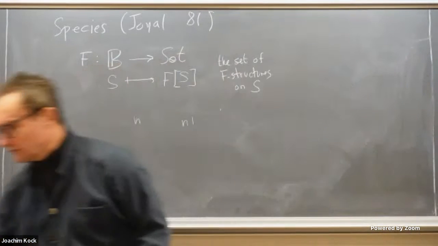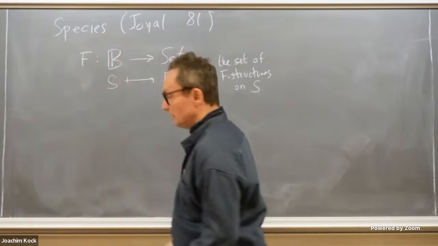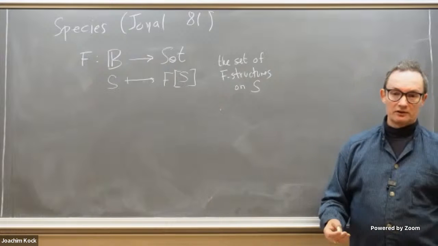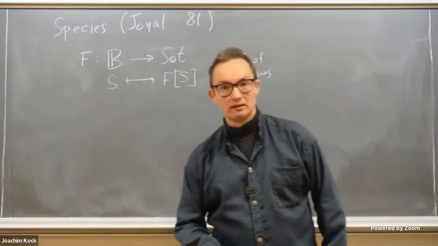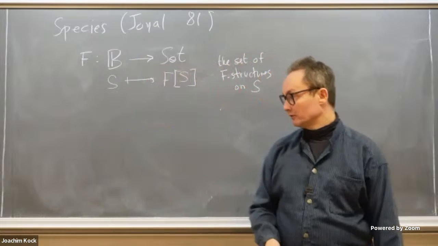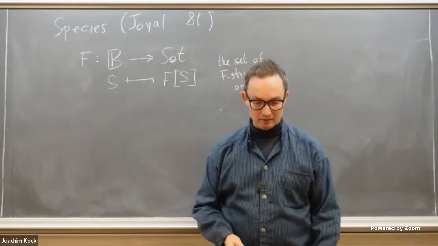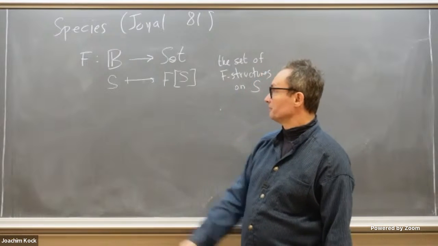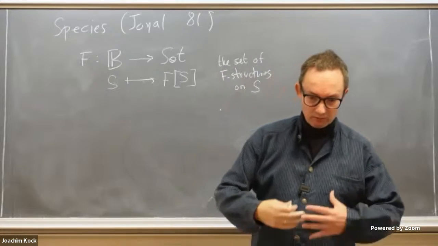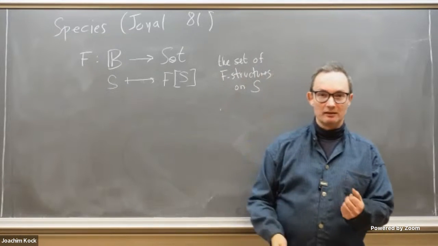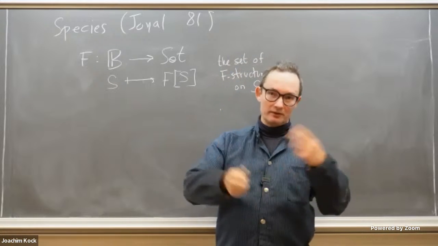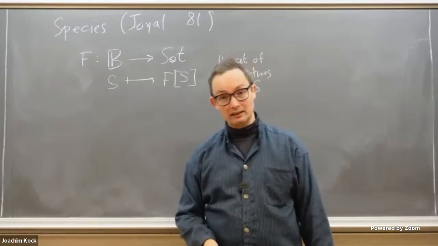So Joyal invented this in order to give a categorical foundation for the use of generating functions in combinatorics. So in enumerative combinatorics, what people have done for a very, very long time is given some structure, which actually is a species, even if you don't know it's a species, you write down a generating function for it. That's a power series. And then you manipulate power series with all the techniques you have, algebraic or even analytic.